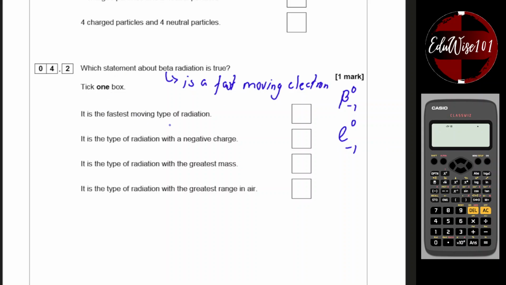It is the fastest moving type of radiation? Not really. Electromagnetic radiation, which is gamma, is faster with a speed of 300 million meters per second. It is a type of radiation with a negative charge. Yes, that could be. It is a type of radiation with the greatest mass? No, that is an alpha particle.